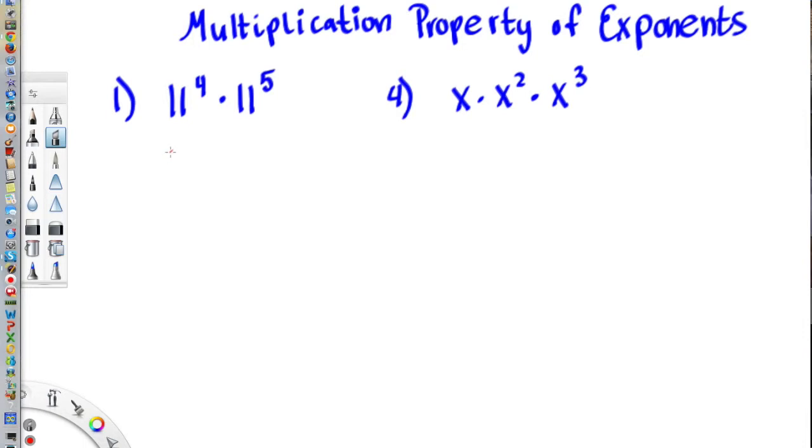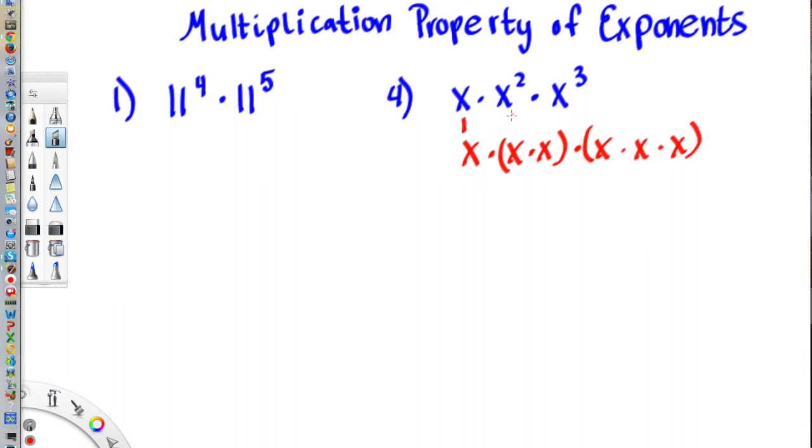Multiplication property of exponents. So what we're doing here is we're multiplying exponents. And when I'm multiplying exponents, let's model number 4 first. Let's go out of order here. I know that x times x squared times x cubed is really x times x times x times x times x times x.